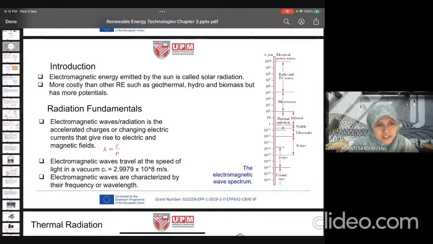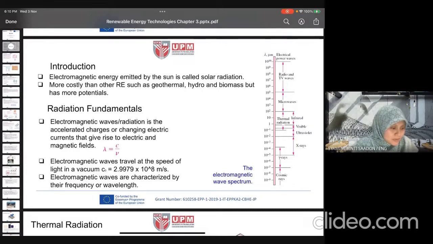Another is conduction, which needs a solid as the surface material. And another one is convection, which is mainly between fluids: gas, water, liquid. For solar energy, basically it uses radiation to transfer the energy.